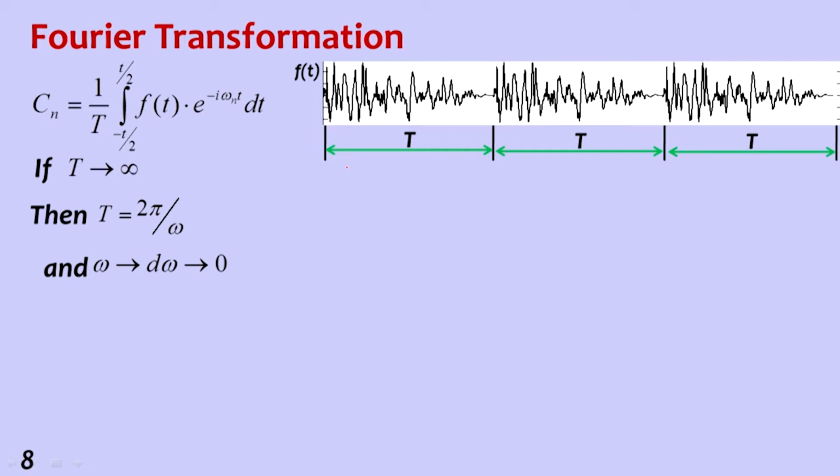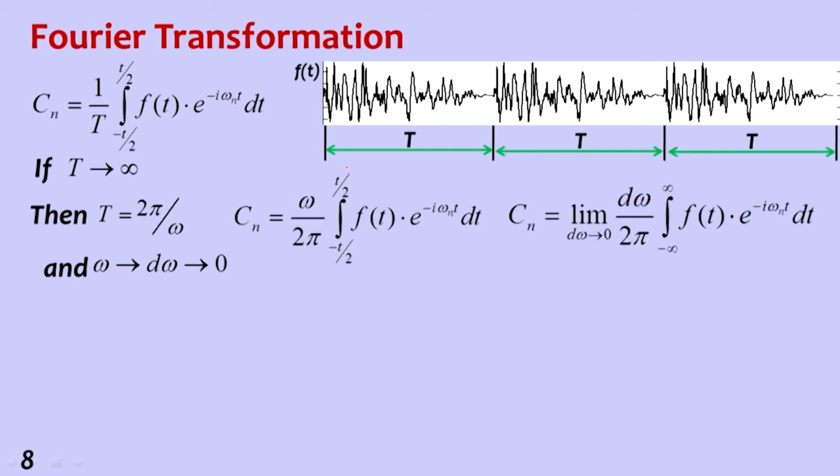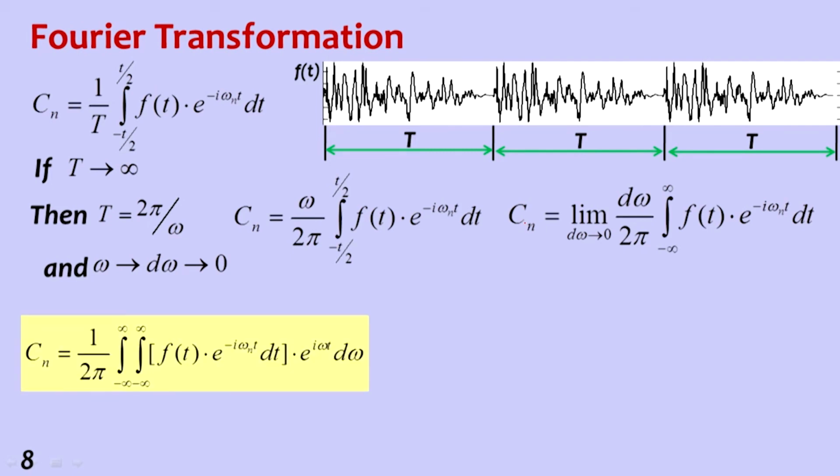If we substitute this, and omega n tends to omega and d omega tends to a very small value, then if we find the limits for evaluating Cn, Cn will be 1 by 2 pi, minus infinity to plus infinity, the integral of this function.